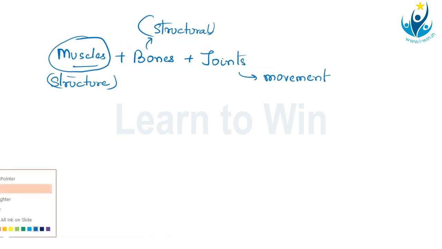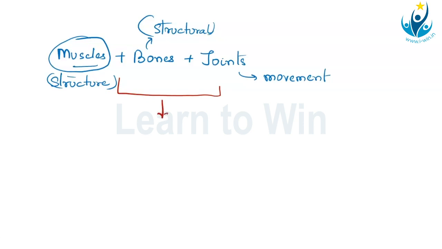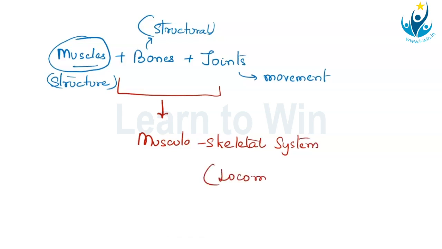You have to consider muscles, bones and joints together, and all of these three together form an integrated system called the musculoskeletal system, which is associated with locomotion and movement in humans.